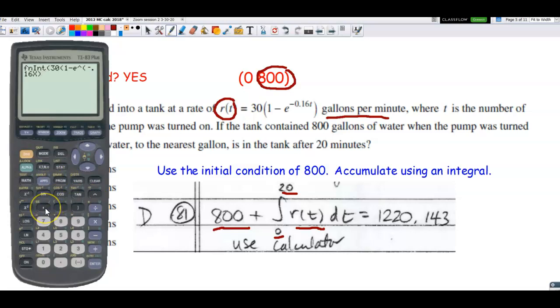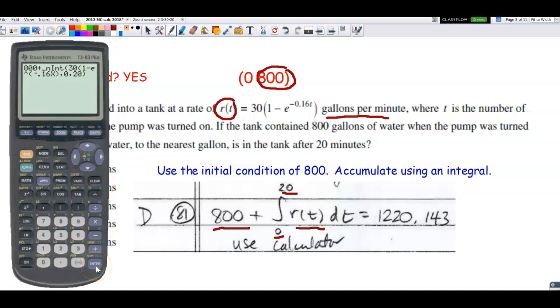Okay, so that's the function. And from 0 to 20, close. And I realize I did not put my 800 in front. I don't really have to, but I want to. So I'm going to do a second insert of 800 plus.